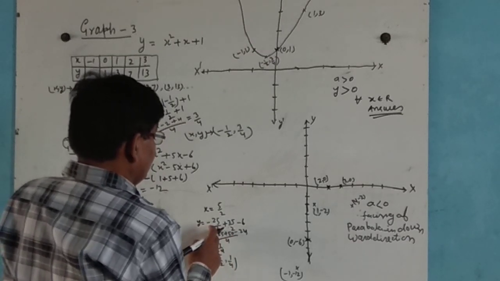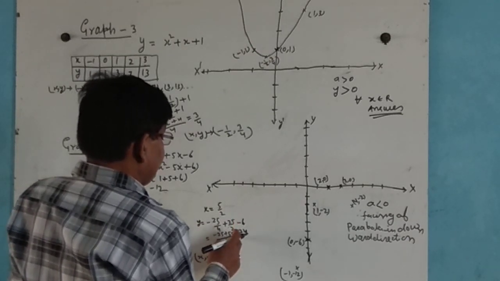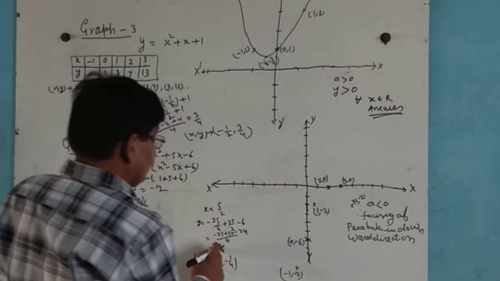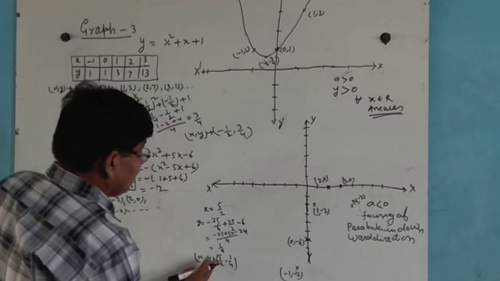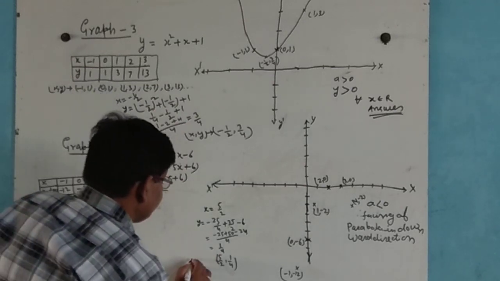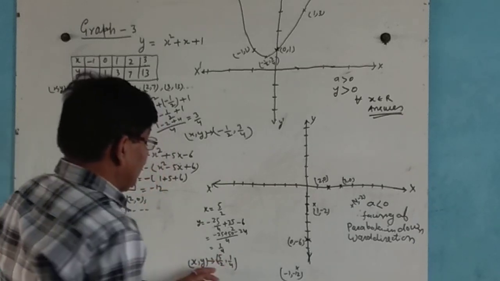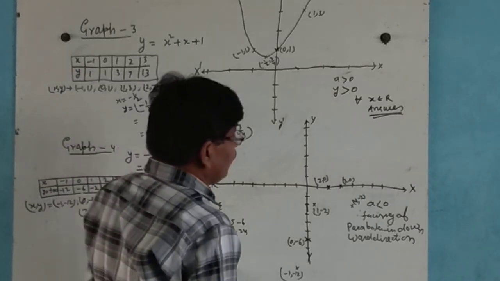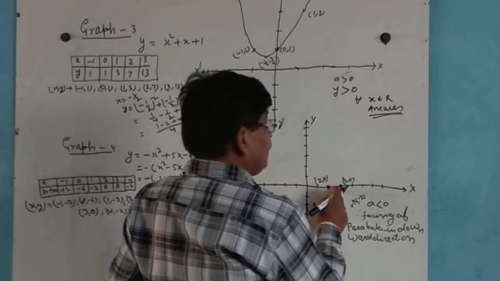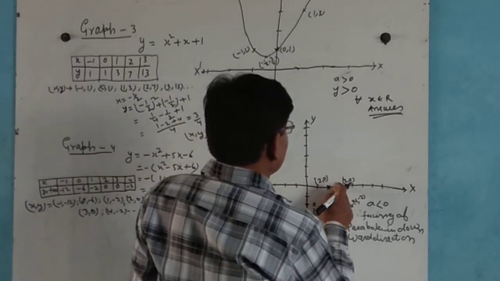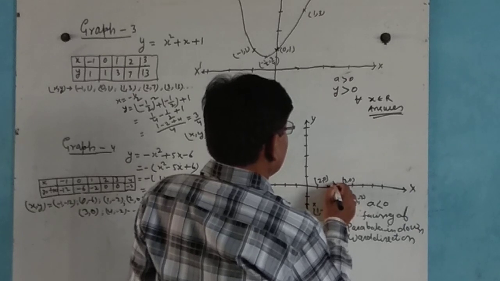LCM is 4: 25 minus 50 plus 24, which equals 1/4. So (x, y) equals (5/2, 1/4). This is 5/2, that is 2 and a half, and y is 1/4.